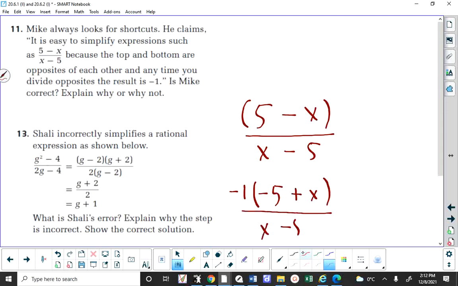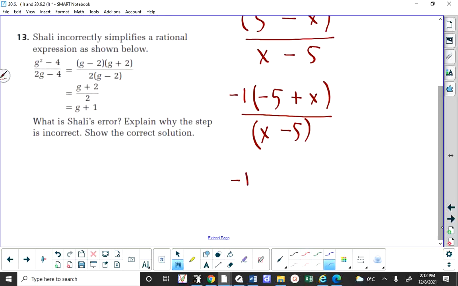I'm going to show one more step here, but how many of you see that those 2 factors are now identical? They may be written a little bit differently, but they mean the same thing, because negative 5 plus x is the same as positive x minus 5. All that's important is the negative is in front of the 5, the positive is in front of the x.